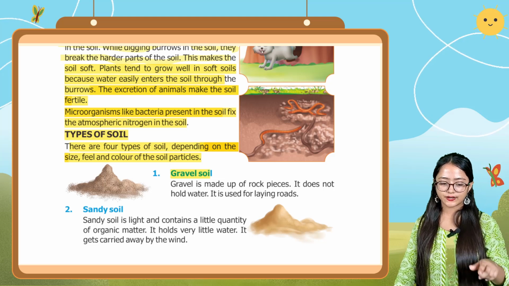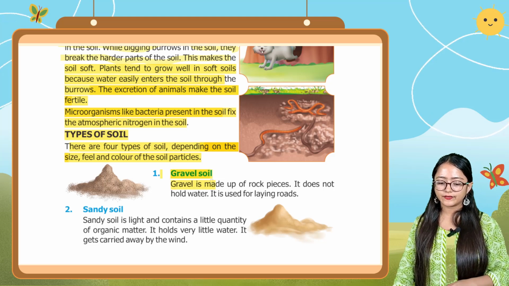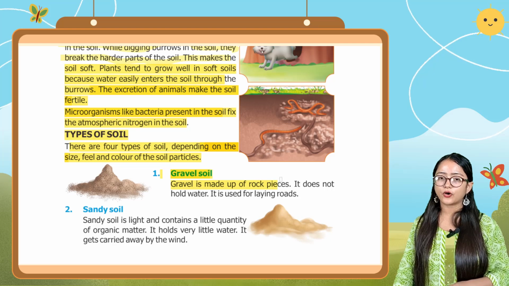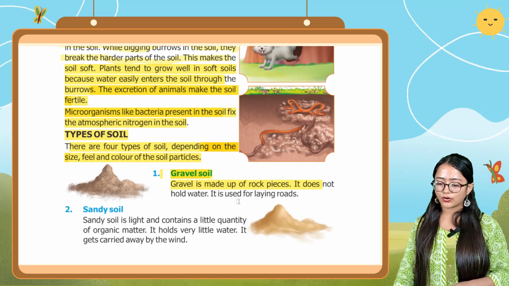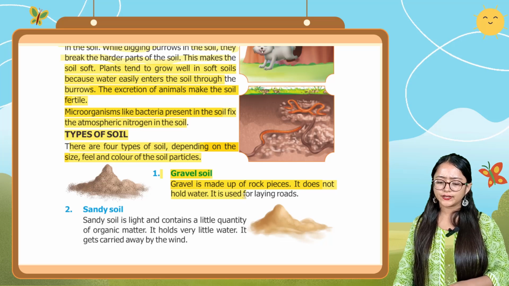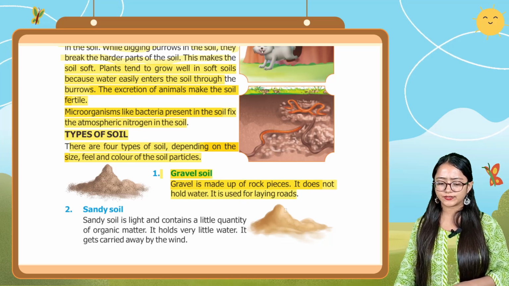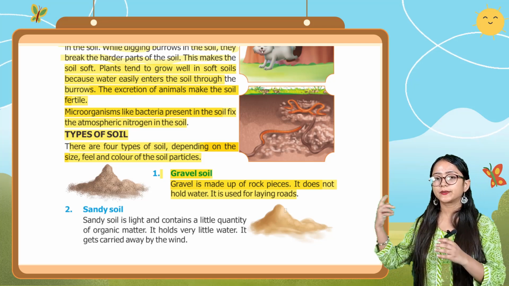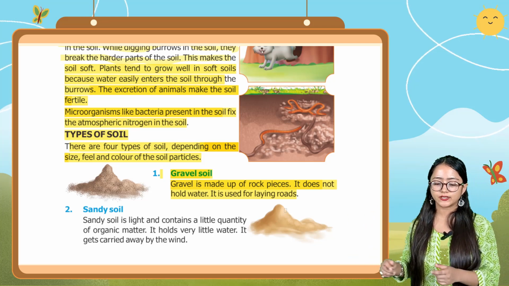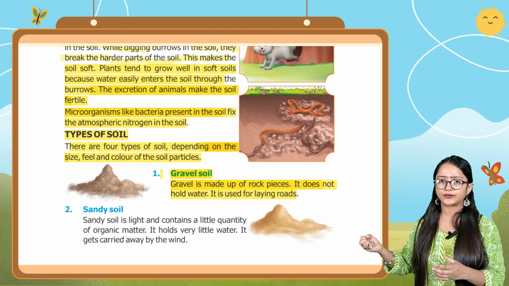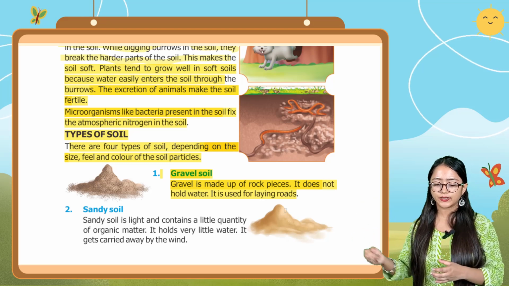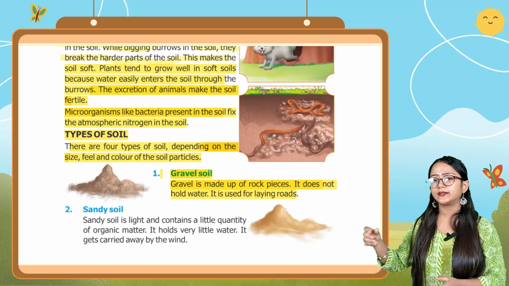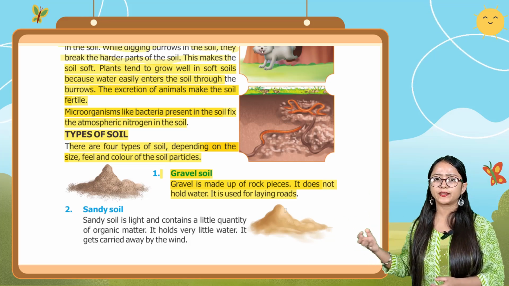Gravel is made up of rock pieces. It does not hold water. It is used for laying roads. So gravel soil is the type of soil which is made up of pieces of rocks, and it can't sustain water in it. That's why it is used for making roads.